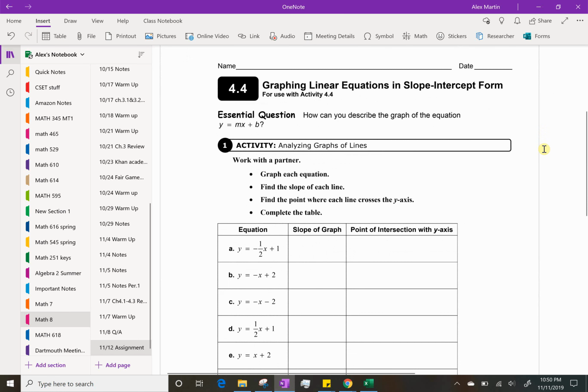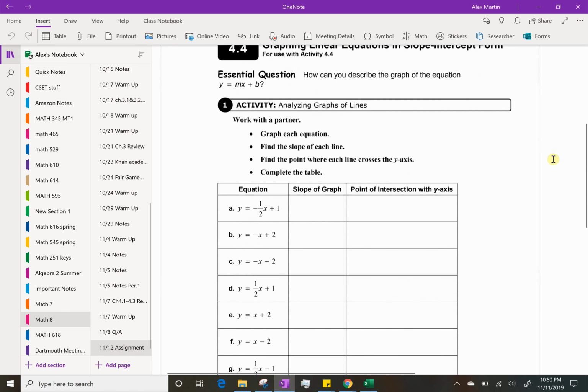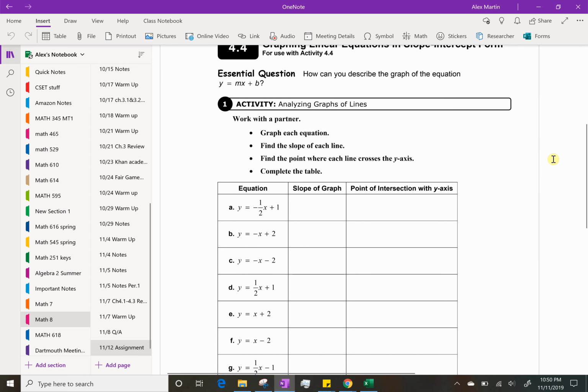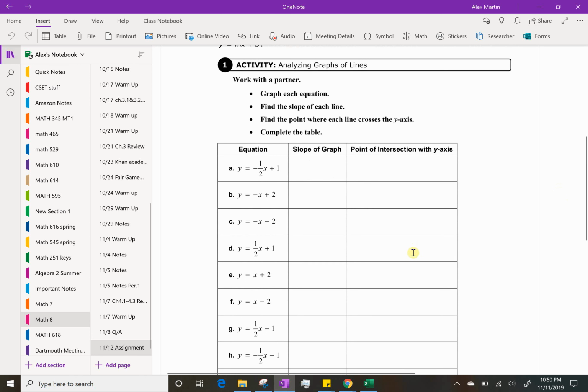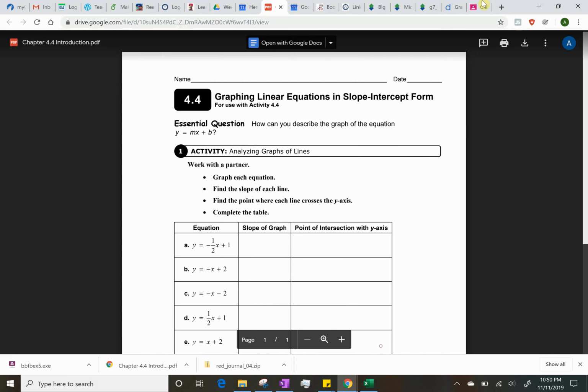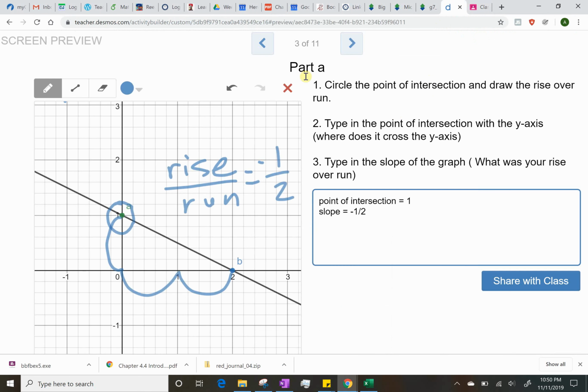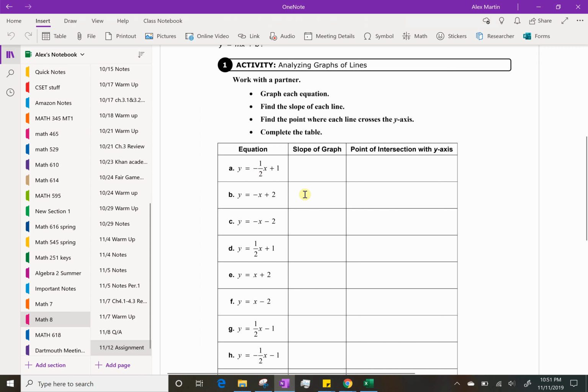Now, this worksheet basically goes along with the Desmos work, where if we look back at Desmos for a second, here's Desmos. It says part A right here. Now, part A refers to this part A. So we just figured out the slope was negative 1/2, and the point of intersection was 1.